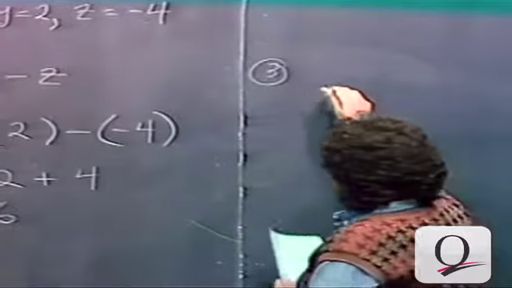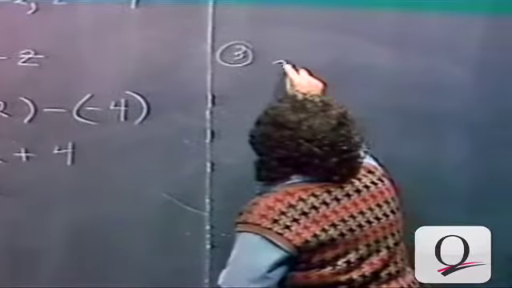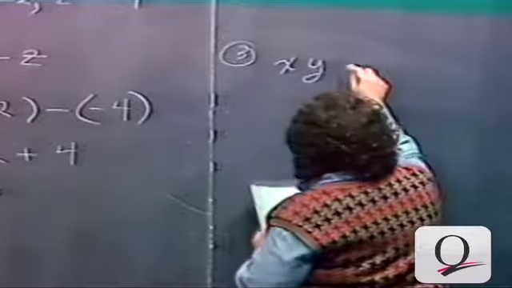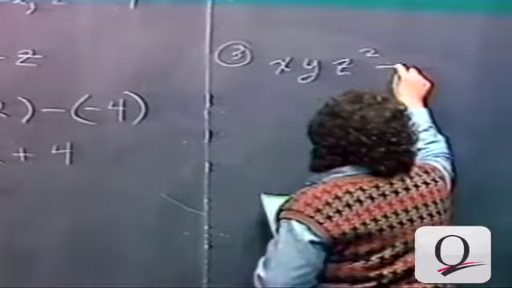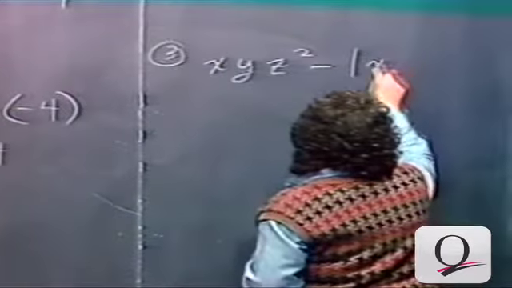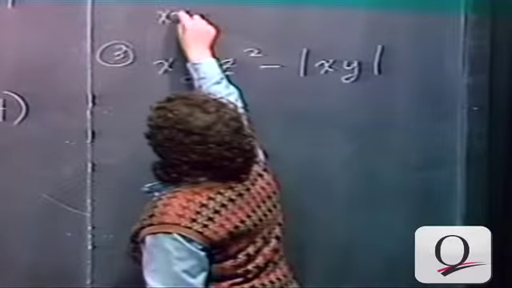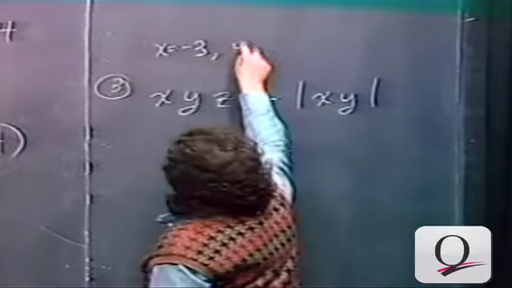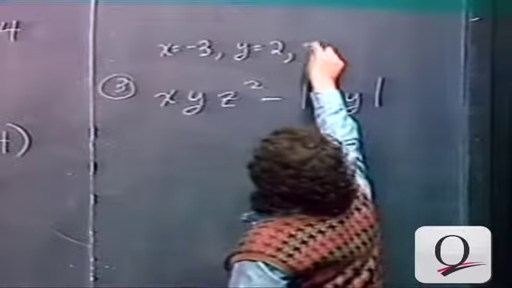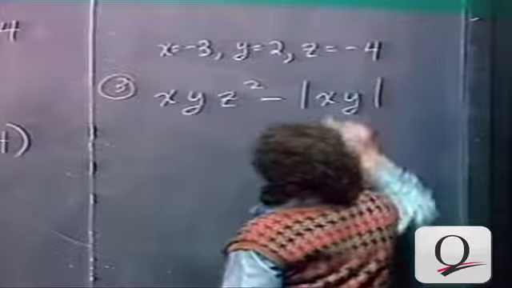And also, let's evaluate this algebraic expression. xyz squared, take away the absolute value of xy. Once again, x is minus 3, y is 2, and z is minus 4.